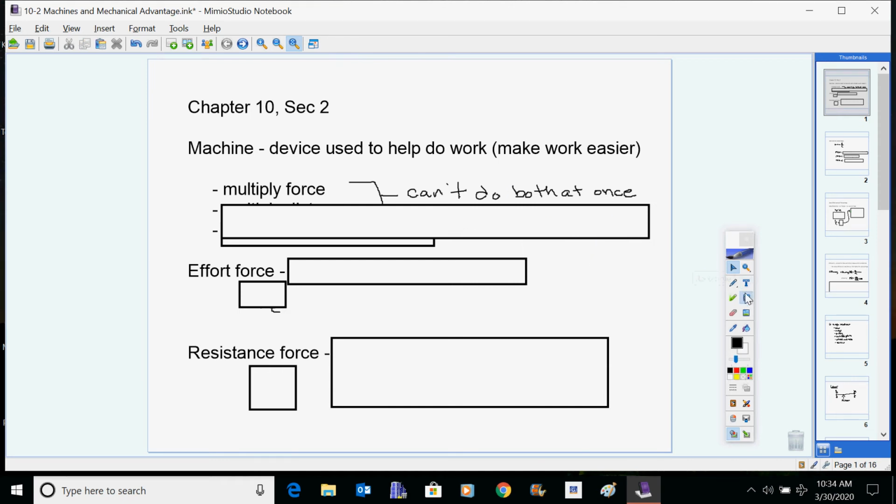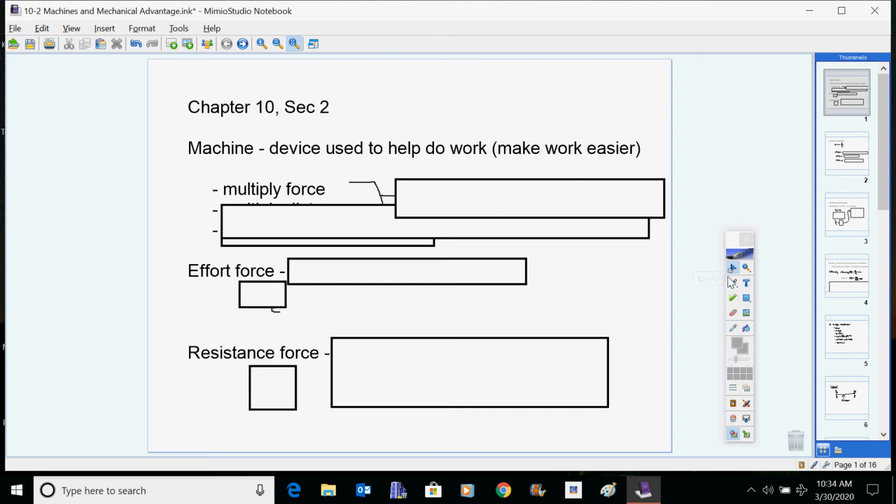The thing with multiplying force is that, for example, when you use a car jack to lift up a car, you are not capable of lifting that car all by yourself, so you use a machine to help you out. You can push on one thing, and every single one of you, including myself, is capable of lifting a car if I have the right machine to do it. A little later in the week, we'll have a video that I'll have you watch to demonstrate this.